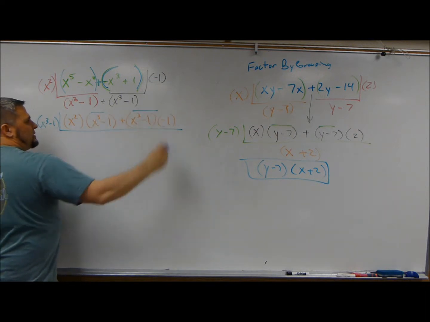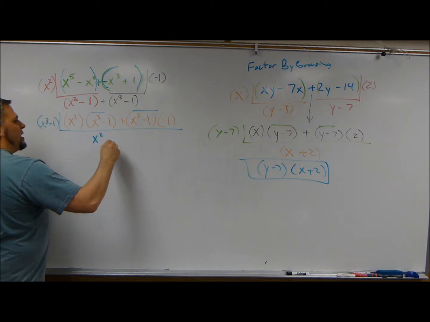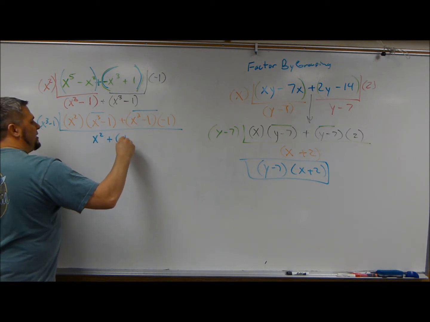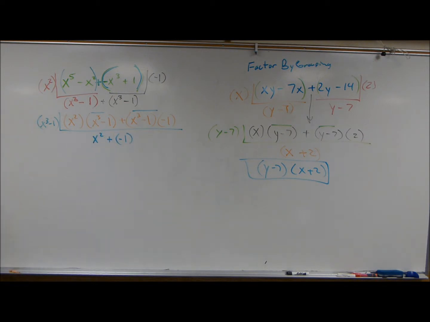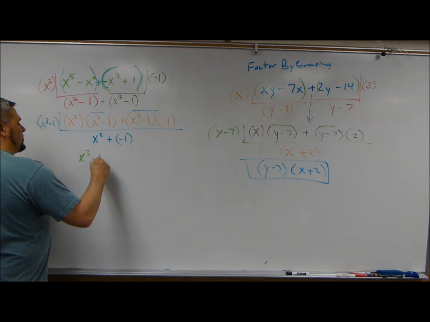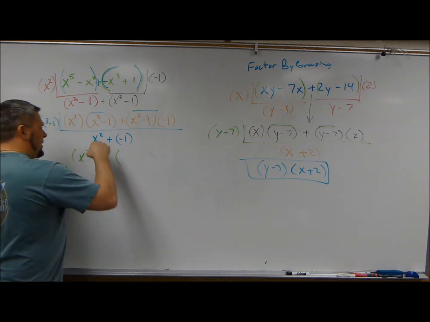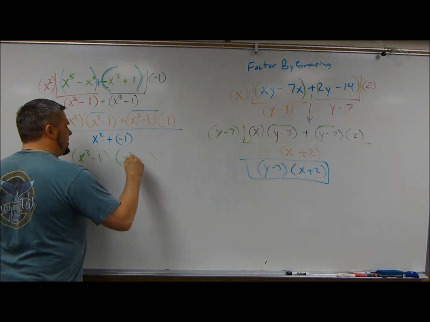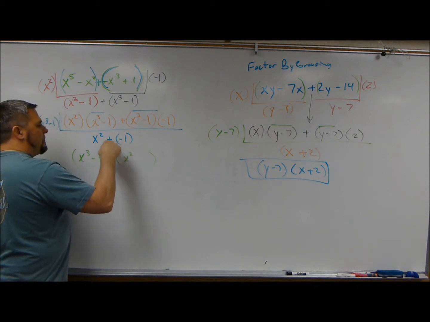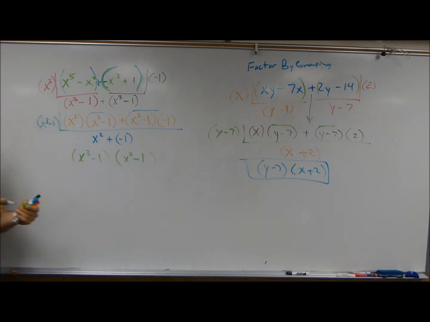These two things are the same. And what I have left is x squared plus a negative 1. And when I rewrite that, I should have x cubed minus 1 times x squared minus 1, because a positive and a negative make a minus.